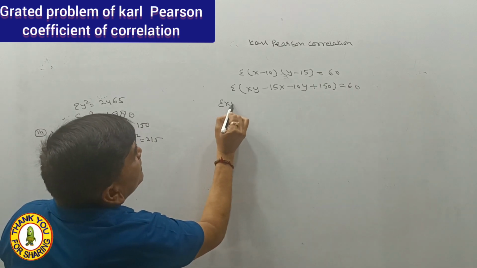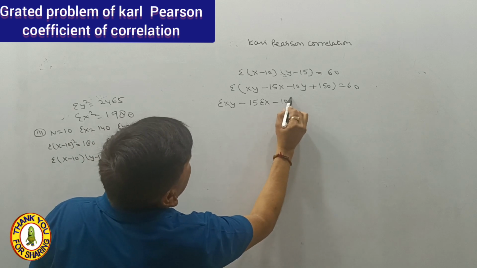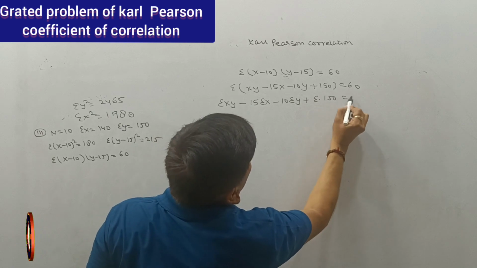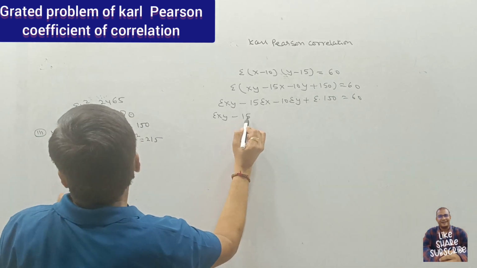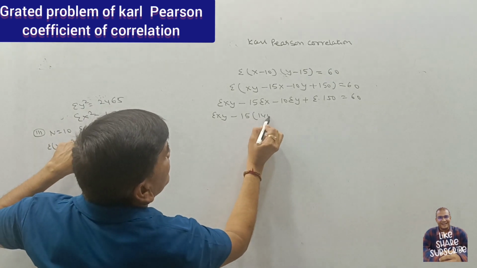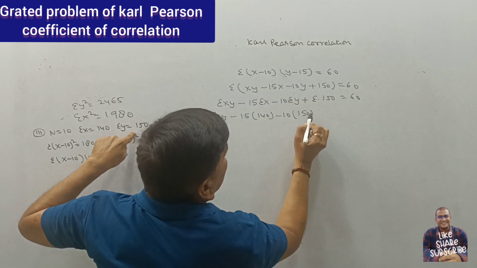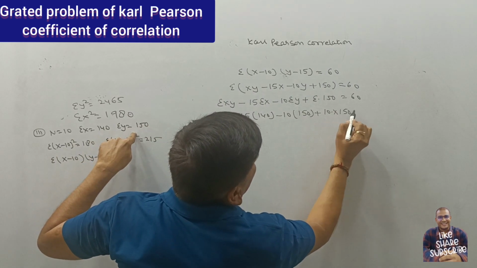So sigma xy minus 15 sigma x minus 10 sigma y plus sigma guna 150, that is 60. So sigma xy minus 15 sigma x raised 140 minus 10 sigma y is equal to 150 plus value of sigma is 10 multiply 150, that is 60.